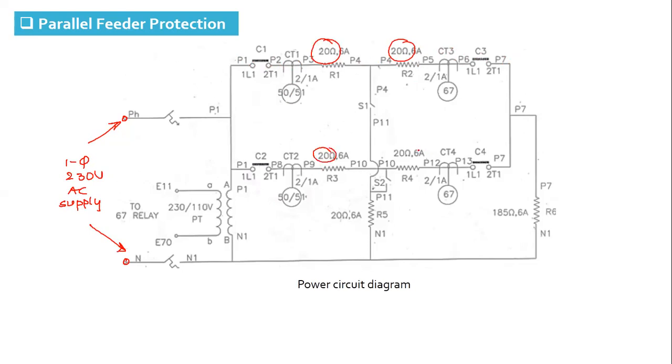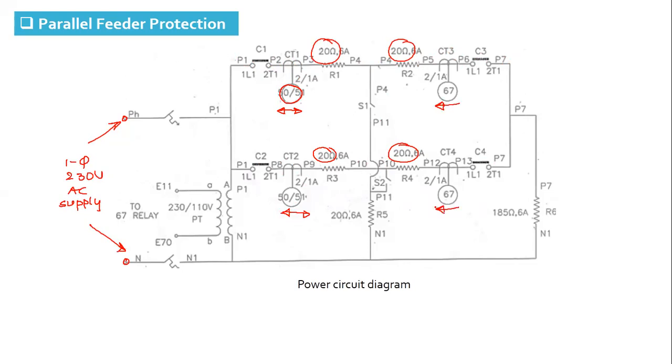Another feeder has 20 ohm and 20 ohm, 40 ohm resistance. So these two are connected in parallel. Then here we have one relay, that is 50/51, which is an overcurrent relay. This is a non-directional relay, shown by arrowheads on both sides. And 67 is the number for the directional overcurrent relay.